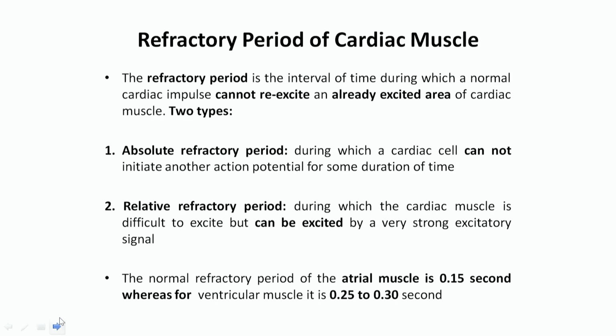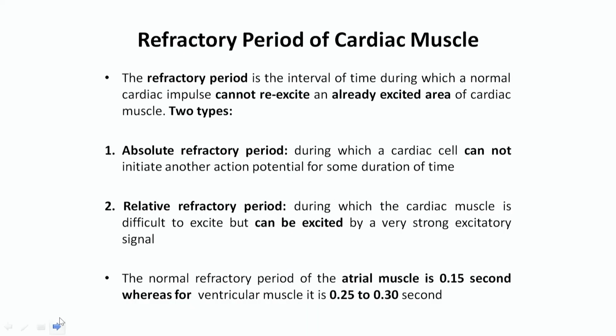So, if a higher amount of impulse is provided to the cells, they can be re-excited. That is the difference between the absolute and the relative refractory period.